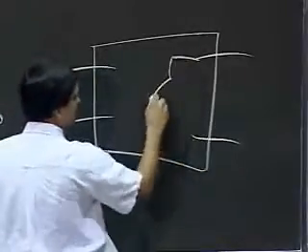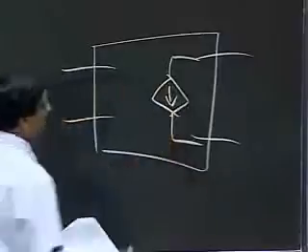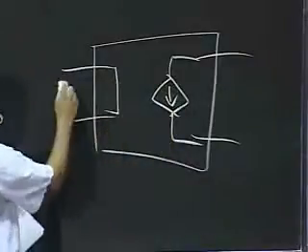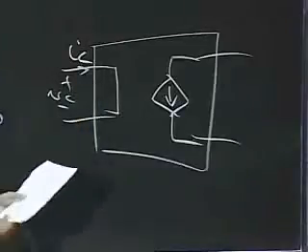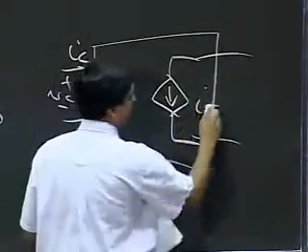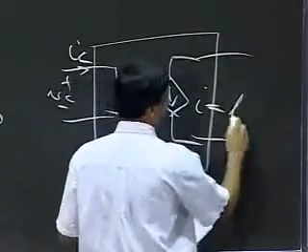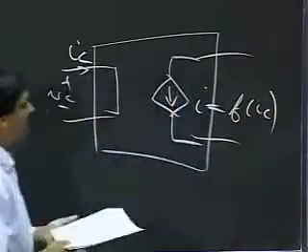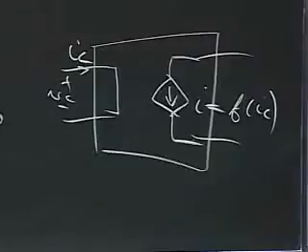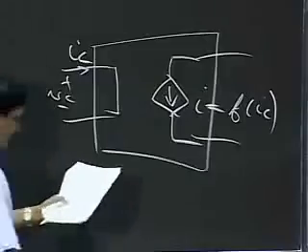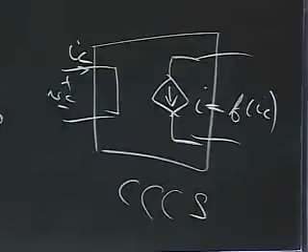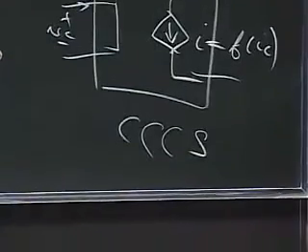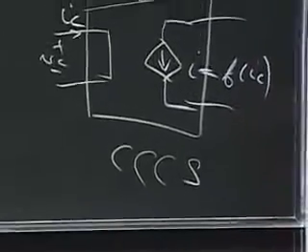In this situation, my output current is controlled by an input current IC, and I is some function of the current IC. The output current through its output port is related to the current IC. And this is a current-controlled current source.